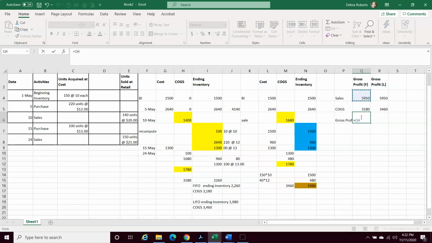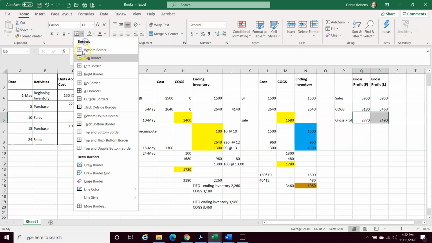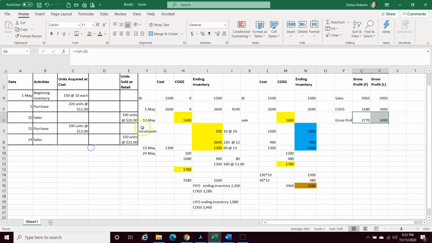So the difference between our sales and our cost of goods sold gives us our gross profit. We can now say then that our gross profit, LIFO and FIFO, are different, and this is an example of why. And we can look at it easily because we can say, oh, the biggest reason why they're different is because there's a difference in change in prices.